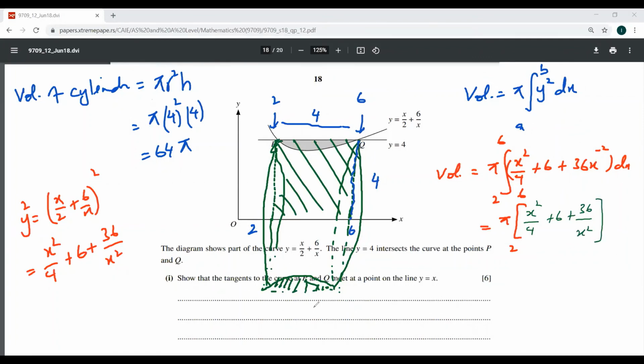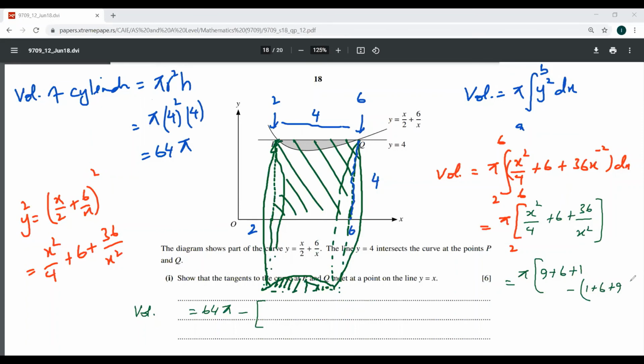Let's put the limits here. Finally the volume is going to be 64 pi, the volume of the cylinder, minus this. When you put x as 6 here, this is going to be pi into 36 over 4, which is 9, plus 6, plus 36 over 36, which is 1. When you put 2 here, 4 over 4 is 1, plus 6, and this is going to be 9.